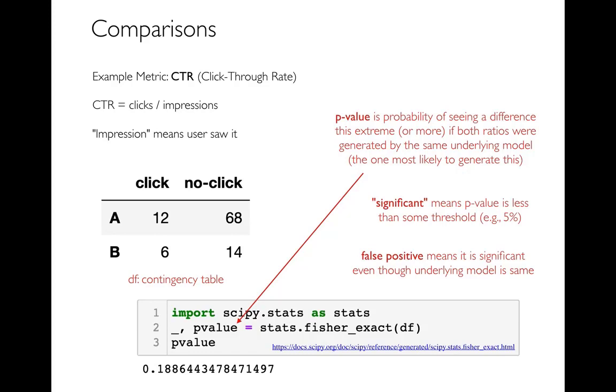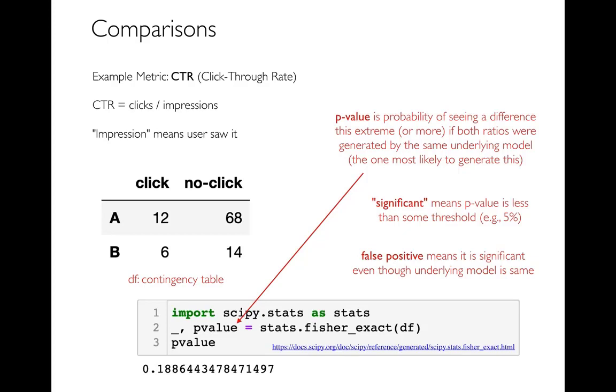So if you take some breakdown between click and no click for your underlying model, and apply it to both A and B, what is the probability we get this extreme of a result? We would see something like 15% for our A version and 30% for our B version, just by luck, just by sampling noise. And it turns out that that probability was about 18%.